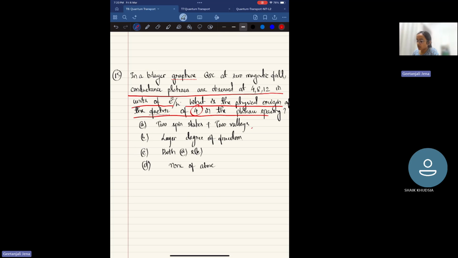Is the 4 because of 2 spin states and 2 valleys, or does it depend on the layer degree of freedom, that is, because it is a bilayer graphene? Or option C, both A and B are correct. Option D, none of them. Which one is the case?